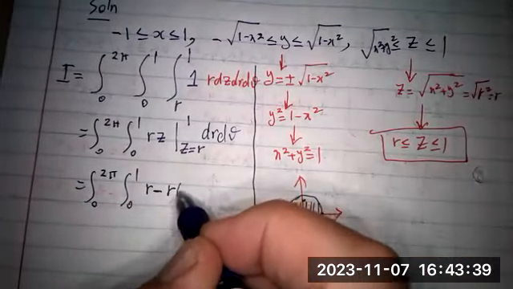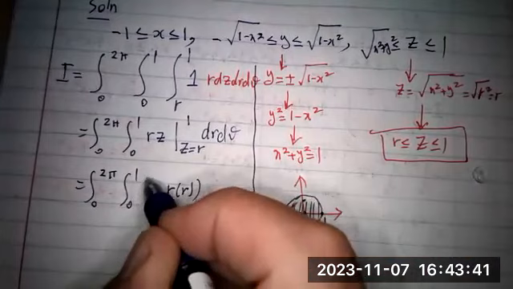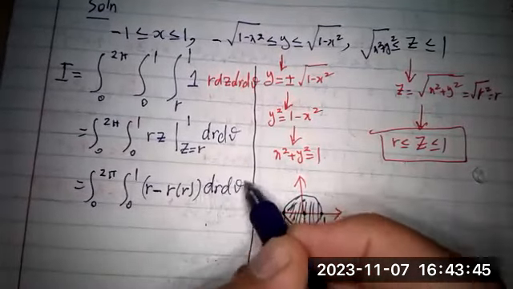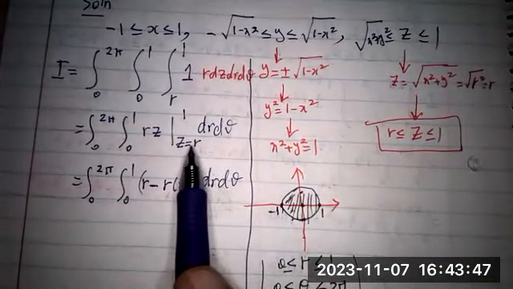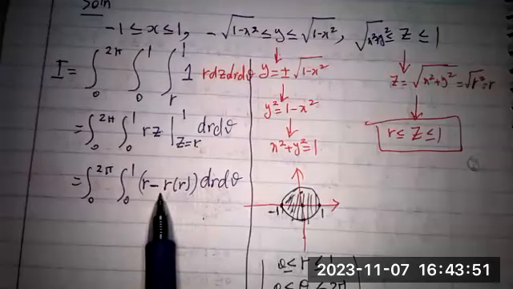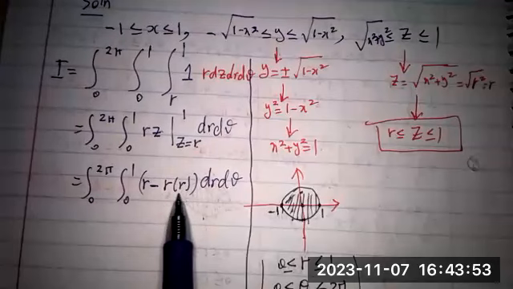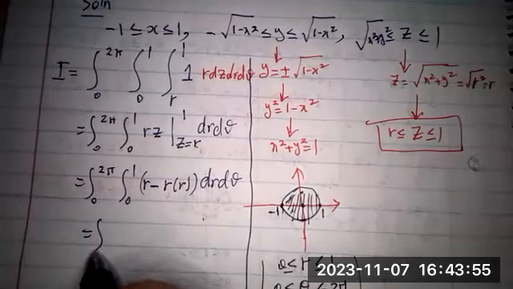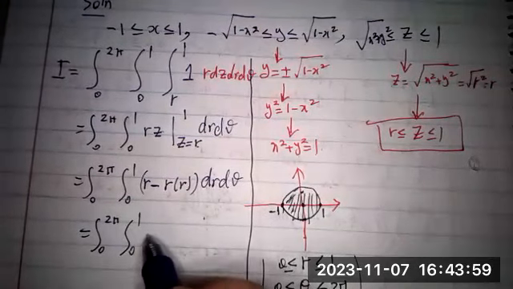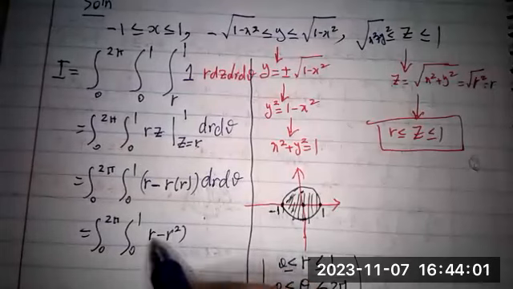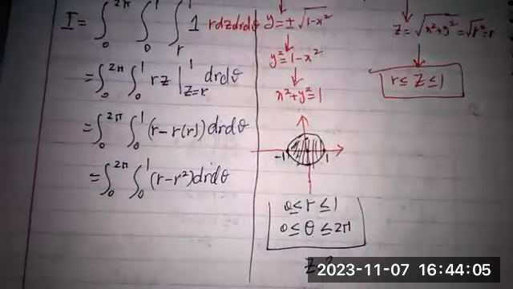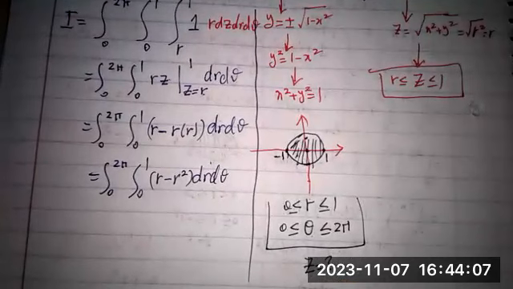It's r times r. I write it down so you know what's going on. So I replace the z by 1, and then I replace it by r. That gives you r times r, which would be r squared. So it's going to be 0 to 2 pi, 0 to 1, and we have r minus r squared dr d theta.